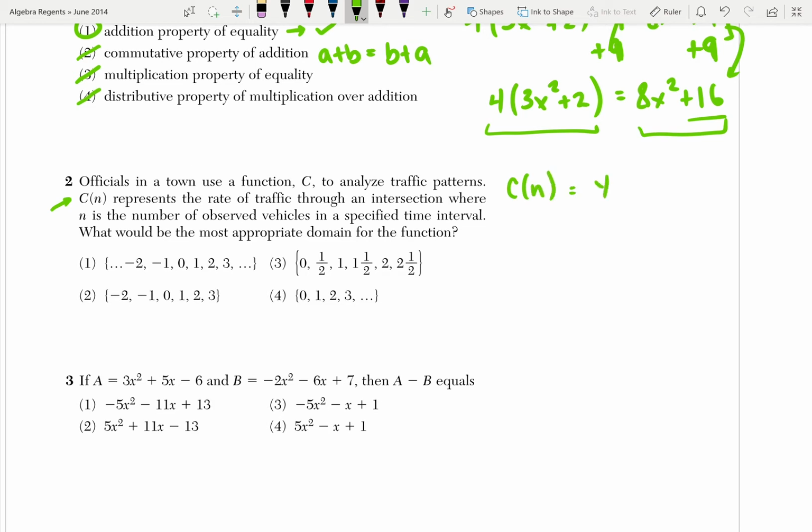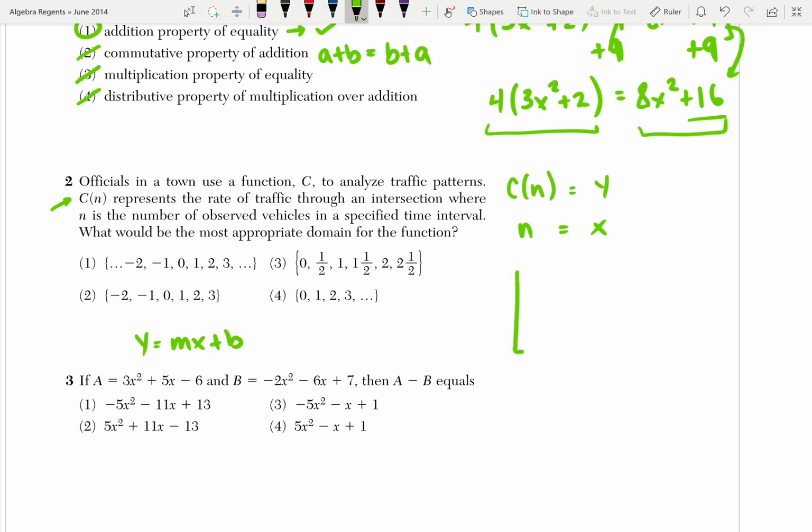If we had an equation like y equals mx plus b, C of n is just our y term. And here they told us that n, we could just call that our x term. So n is what we're plugging into the function to get C of n, which is our y here.